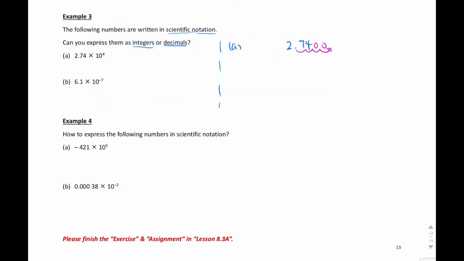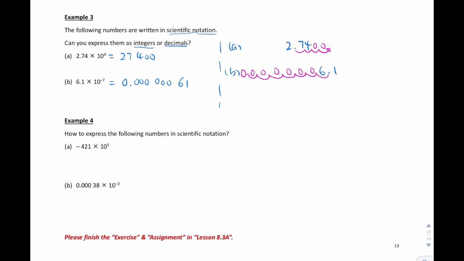So the answer is 27400. And for part B, this is 6.1 times 10 to the power of -7. That means the decimal point is moved 1, 2, 3, 4, 5, 6, 7 decimal places to the left. So this is 0.00000061.